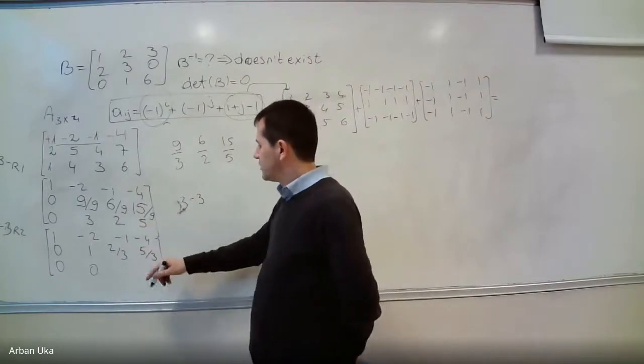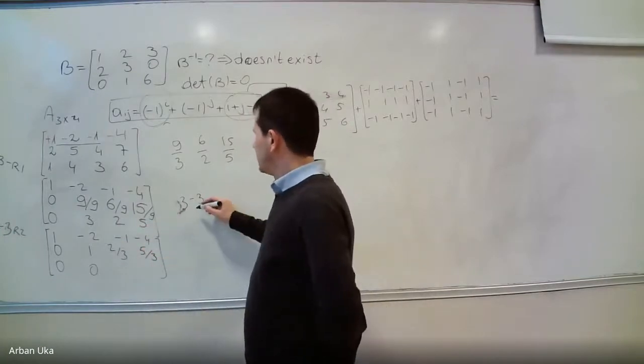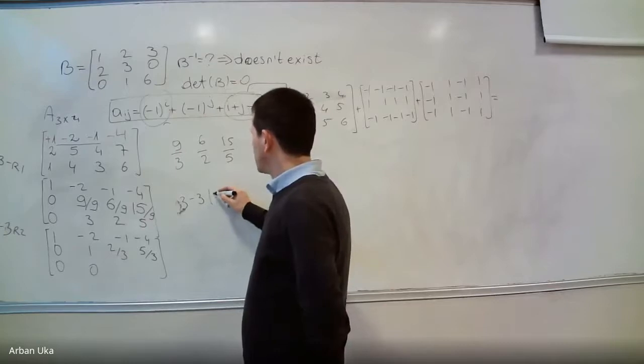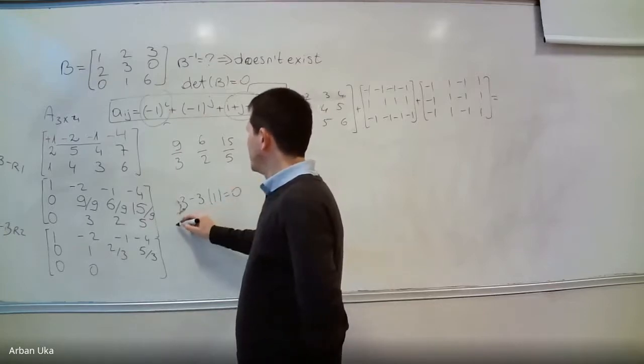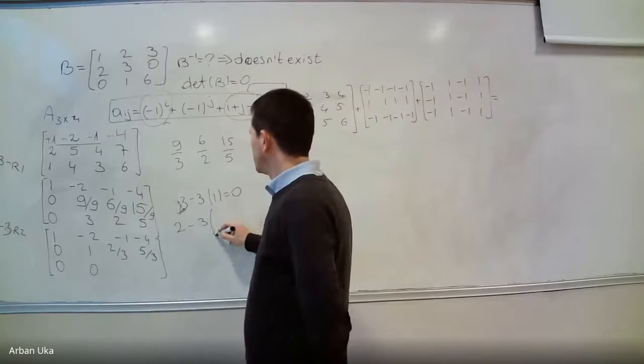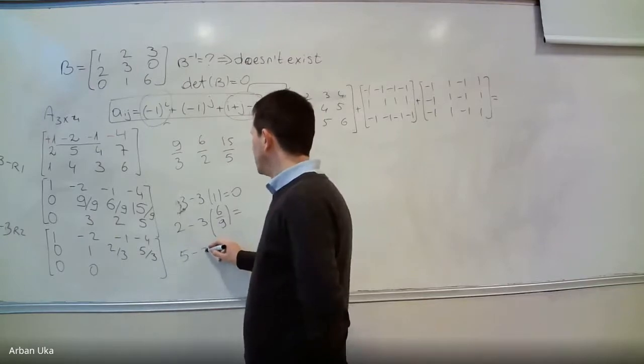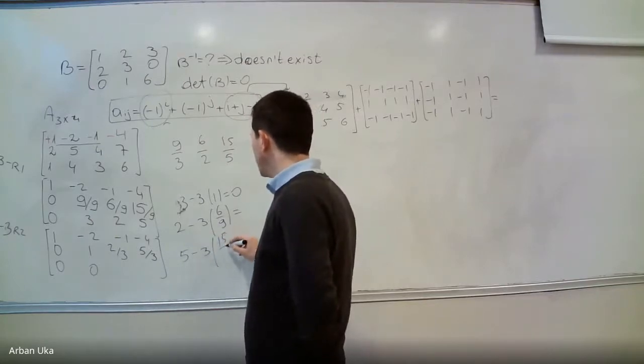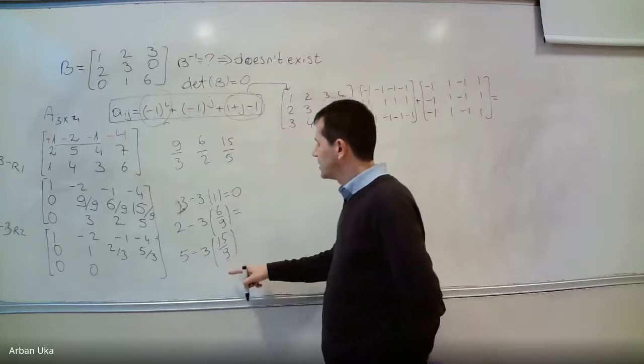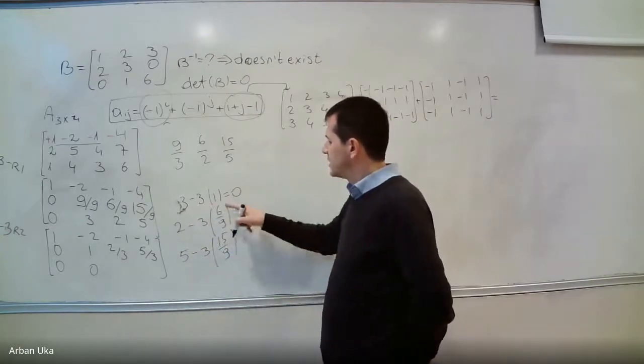Let's write this one like this. We have 3 minus 3 times 1. This is 0. Then we have 2 minus 3 times 6 over 9. We have 5 minus 3 times 15 over 9. So we carefully write down row 3 minus 3 times row 2.